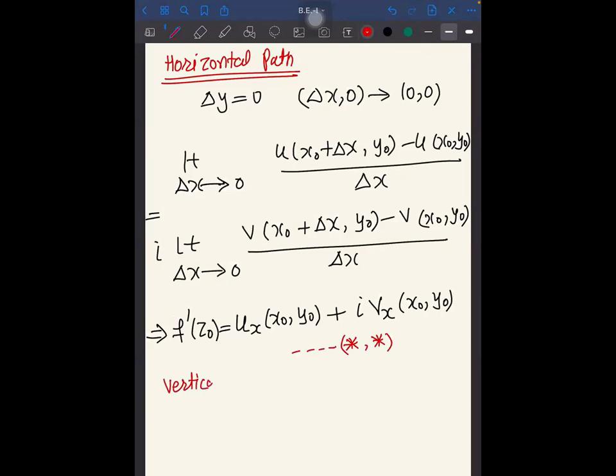So in the vertical path, what could I do? Delta x equals 0. I'm not going to express the whole thing, you can easily get it, so I'm writing the direct expression.